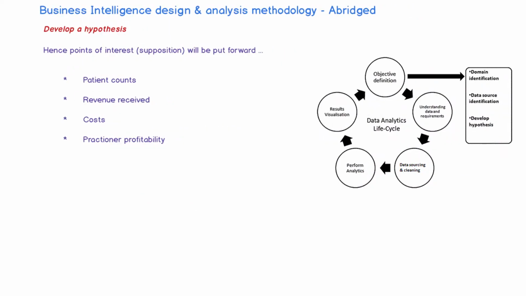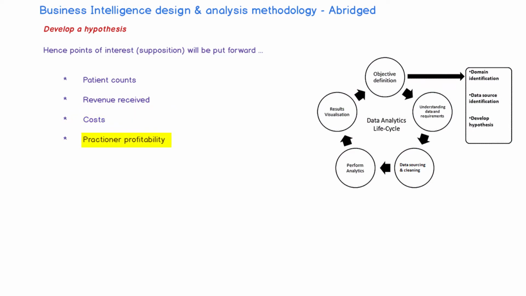So we've got this thought process in our brain, and we might actually then say, well, and this is based upon past experience perhaps, some of the more common things we might suggest that we put into this hypothesis is suggest points of interest, in other words, supposition, such as, well, patient counts, revenue received, the costs, practitioner profitability.